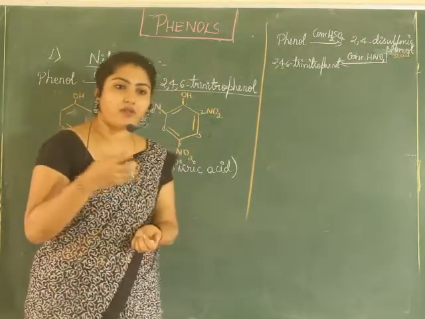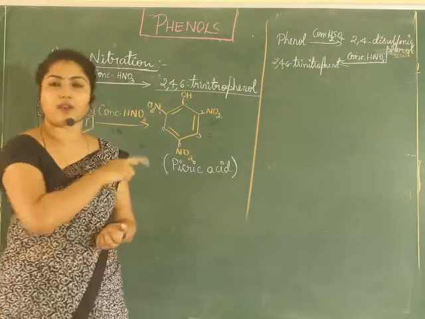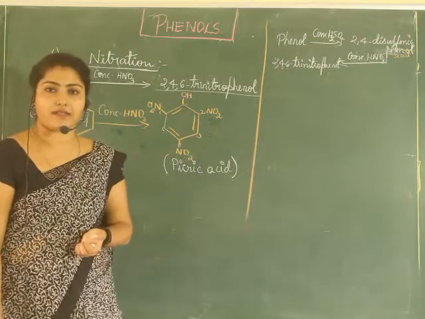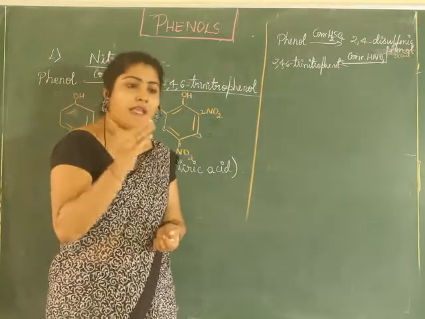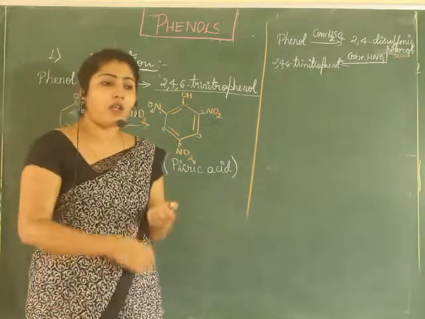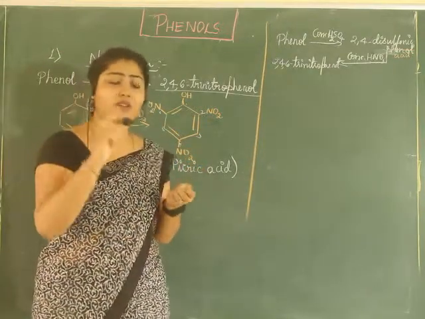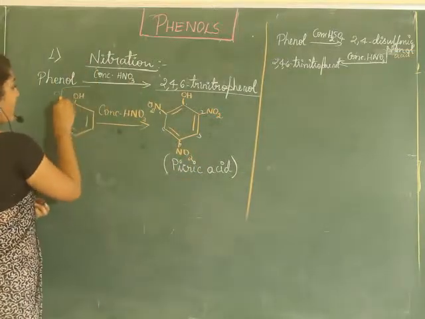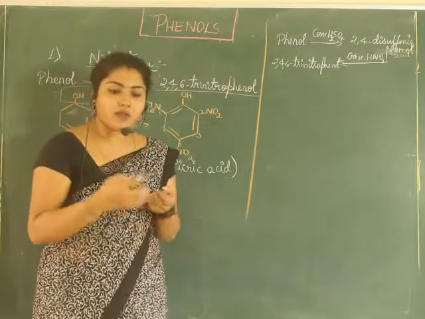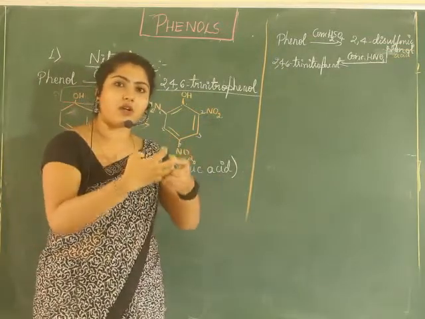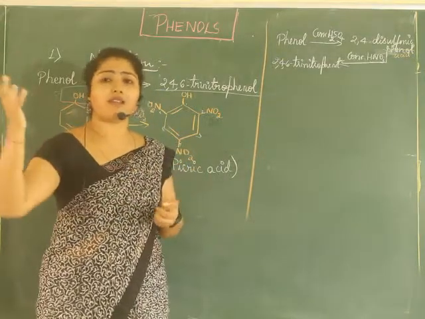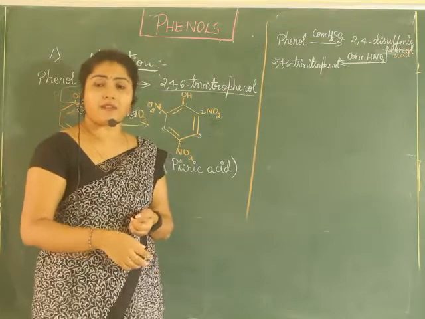So if we are using dilute nitric acid also, we saw that we get ortho and para substituted nitrophenols, isn't it? In those cases also, a large amount of energy is liberated. So as soon as this phenol, because phenol has an OH group, and the OH group is a highly activating group, as soon as it comes in contact with nitric acid, even if it is dilute nitric acid, it releases large amount of nitrogen oxides.